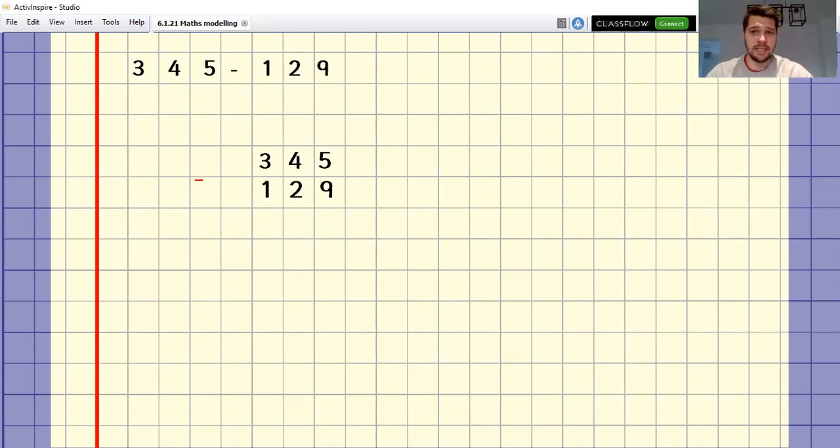Moving on then, this one is going to require a little bit of exchanging. Before we do anything, can you figure out where we're going to need to borrow from? Okay, hopefully you've seen that I've got 5 1s here, but I need to subtract 9 1s. I can only take 5 away, so I'm going to need to get that additional 4 from somewhere.